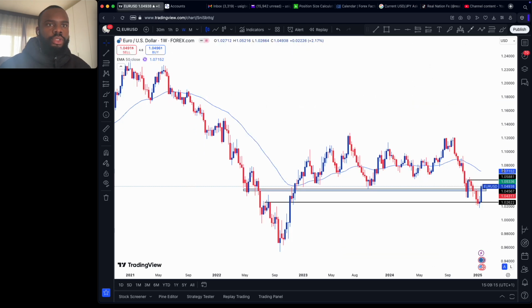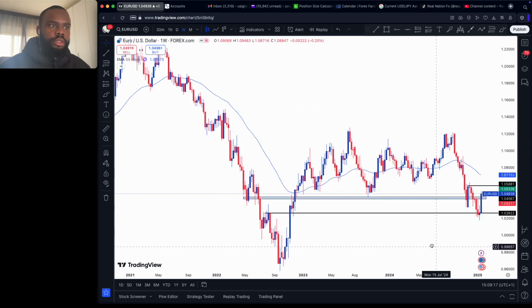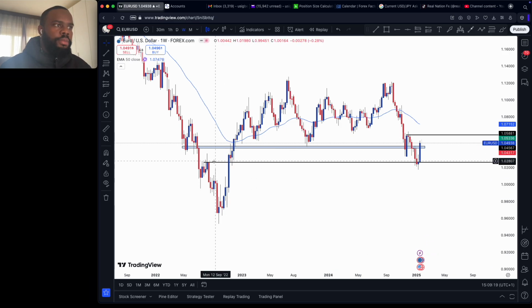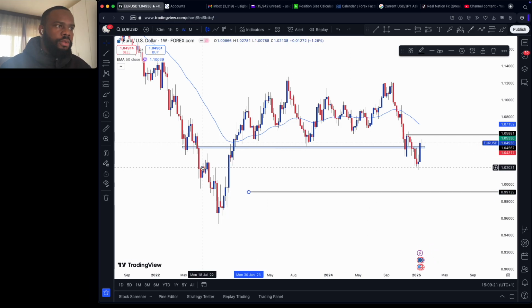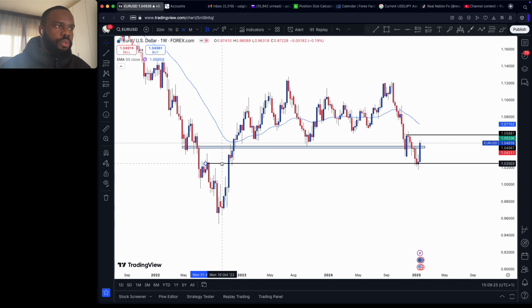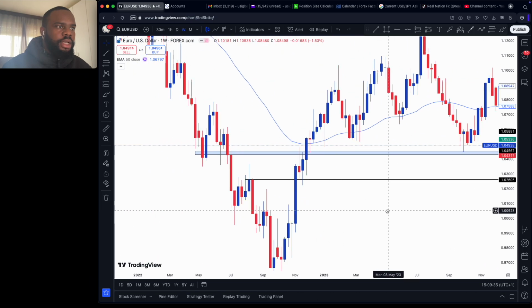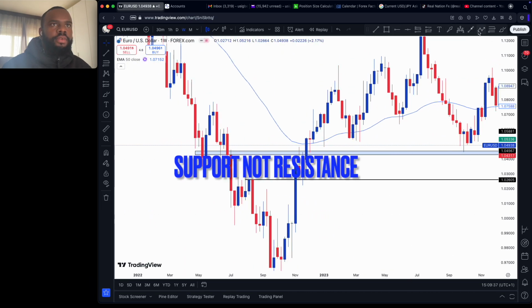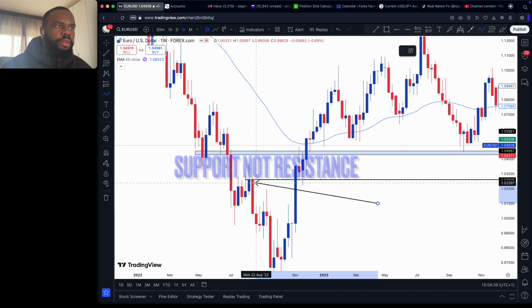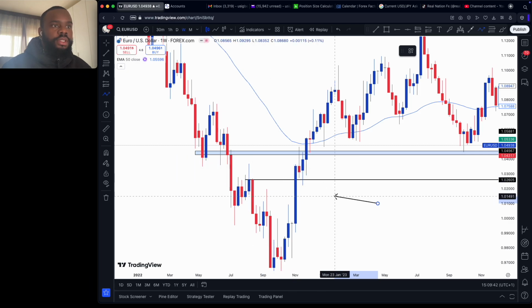If you watch closely on the weekly, you could see that price bounced off this resistance level that was used as support over here at price 1.02605. Price had a resistance level here, which was a former resistance.